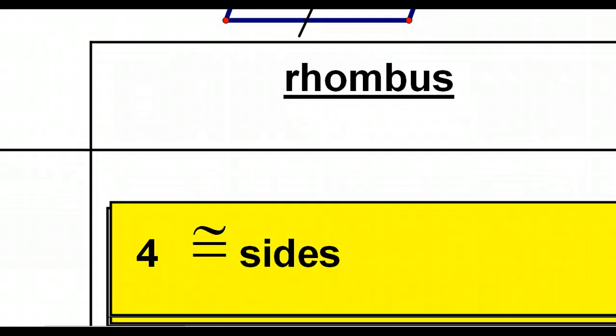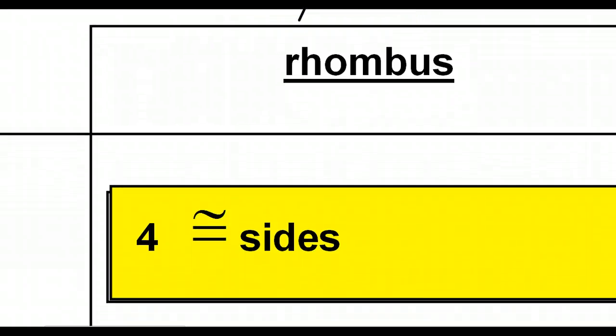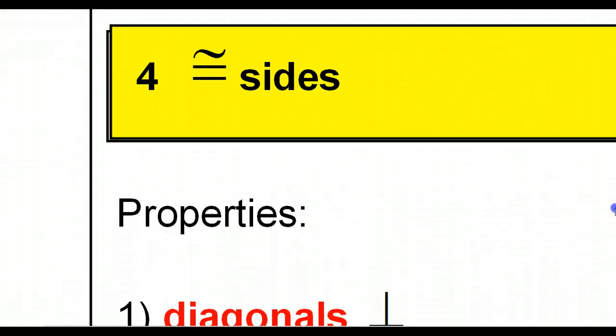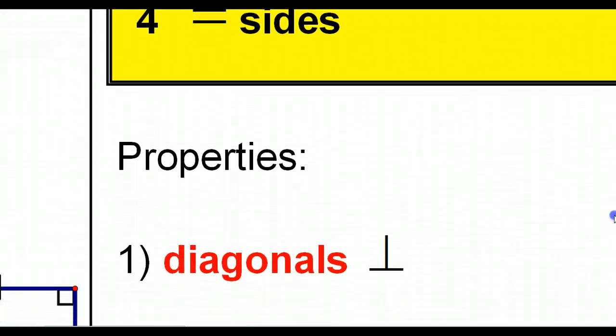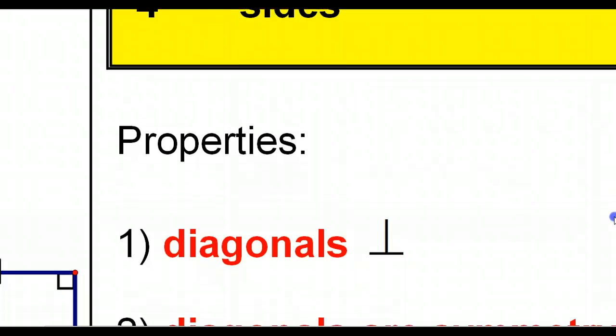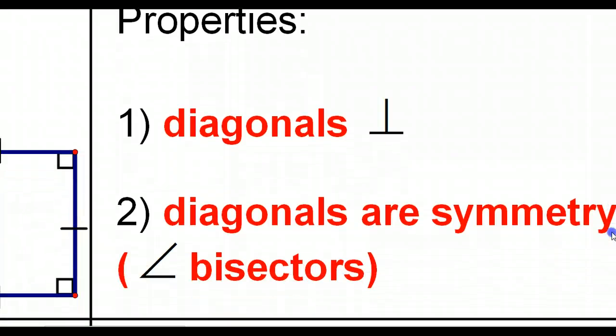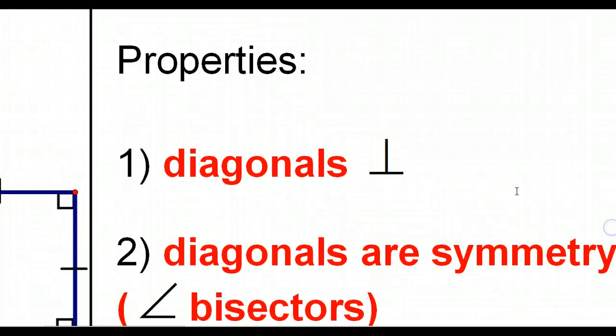Okay, as you recall, the definition of a rhombus right there is 4 congruent sides. But if we scroll down, okay, the first property of a rhombus is the diagonals are perpendicular. We also have other properties, but one property of a rhombus is the diagonals are perpendicular.